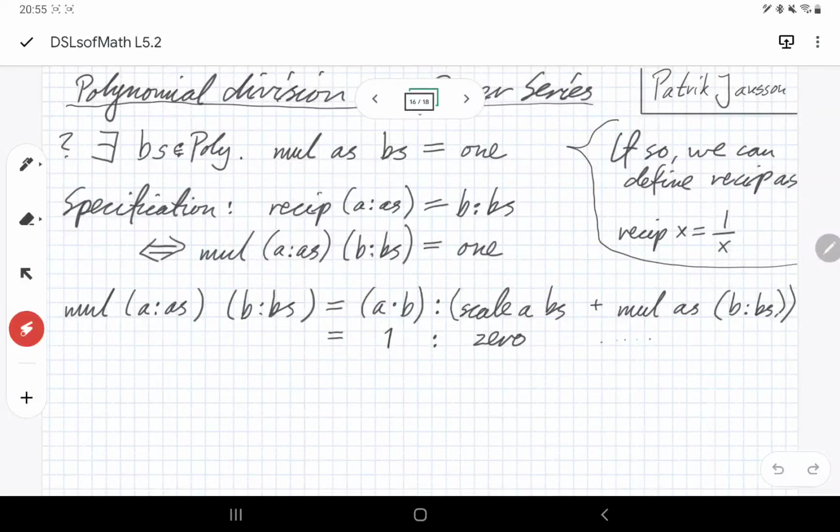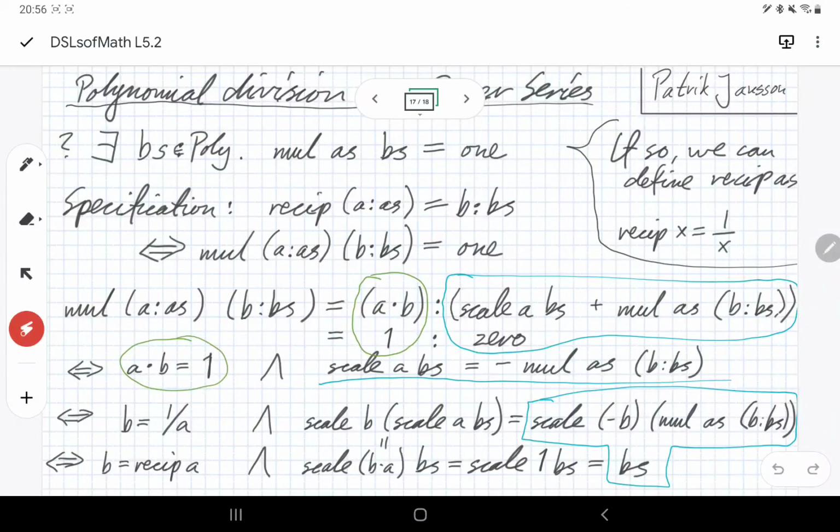Okay, and now we have the equality saying this will be 1, where 1 is actually also equal to a 1 in the 0 component, and then 0 for the rest of the polynomial, so the empty list. Okay, and now we can try to see how we can solve this equation, because remember, this is a specification we have here, and what we really want is to find out which B and BS match the A and AS, which are the inputs.